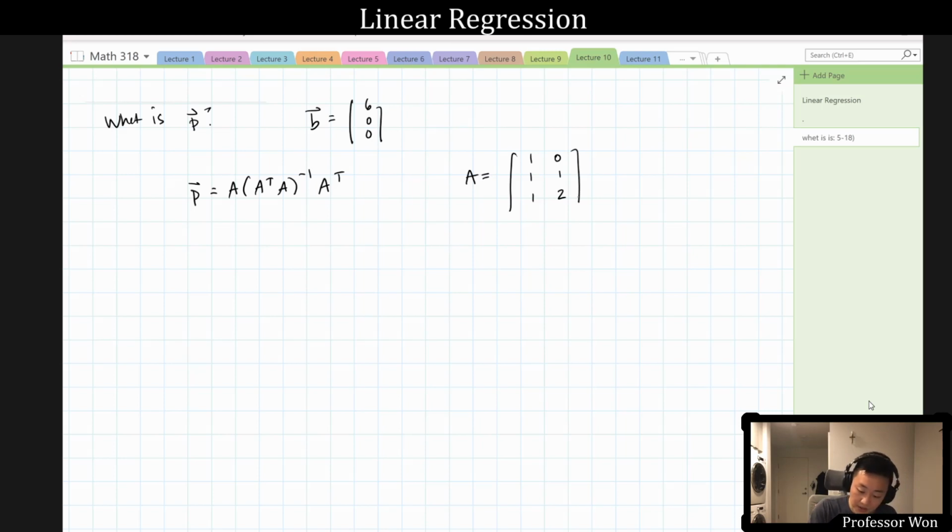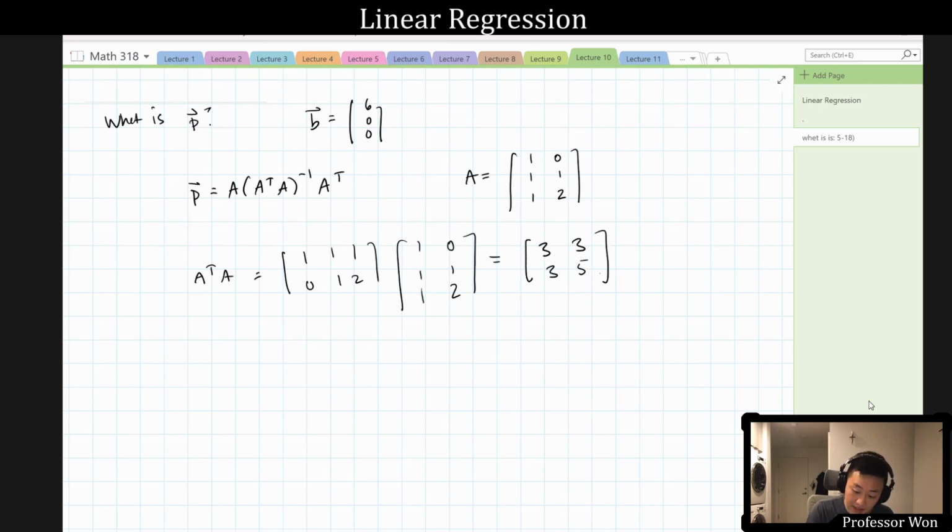A transpose A is equal to 3, 3, 3, 5, which is definitely invertible, right?